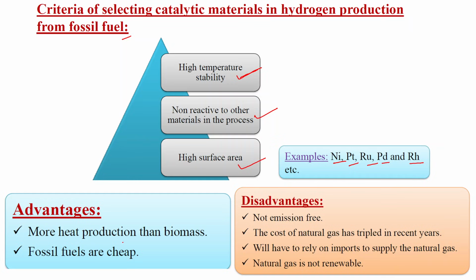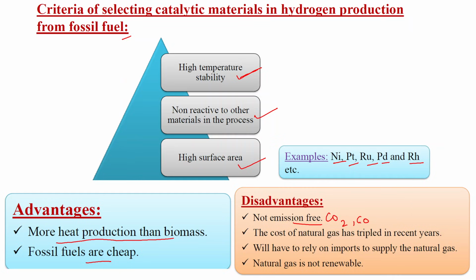Okay. The first advantage of hydrogen production from fossil fuel is more heat production than biomass. Then fossil fuels are cheap. But they also have some disadvantages. It is not emission free: along with the production of hydrogen, there are various other emissions also, such as carbon monoxide and carbon dioxide. So the carbon footprint is not zero.